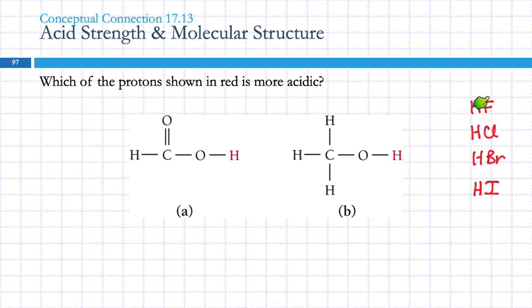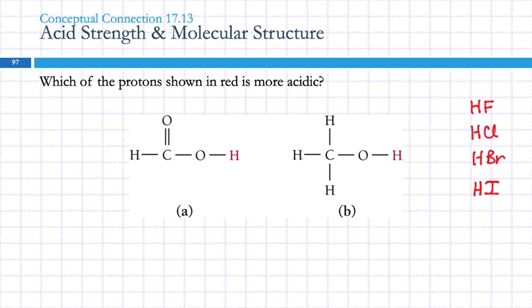Well, what's different here? Fluorine is smaller, can get closer to the hydrogen, and so this bond is stronger because as you get larger in size, the bonds get weaker. So you can use your memorization of which is strong and which is weak to help you remember that pattern.